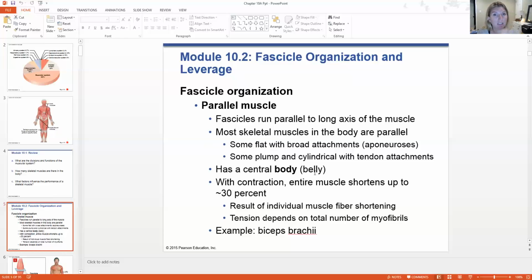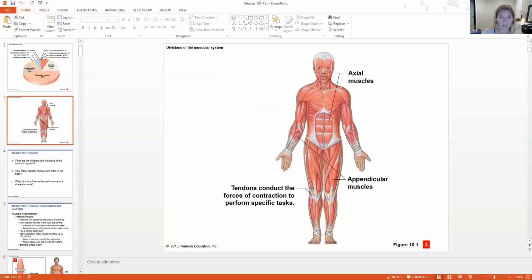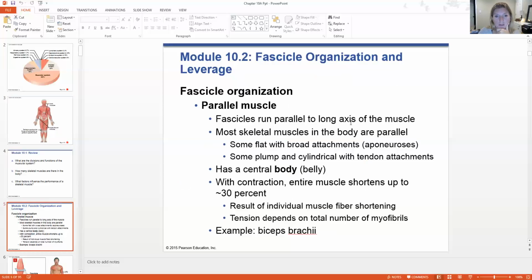It's called the body. Think of the biceps. You have these narrow attachment points, and then it's swollen in the middle. That's the belly of our biceps muscle. And with contraction, the entire muscle can shorten. Again, the biceps brachii is an example of this. Note the name, biceps brachii, two words.